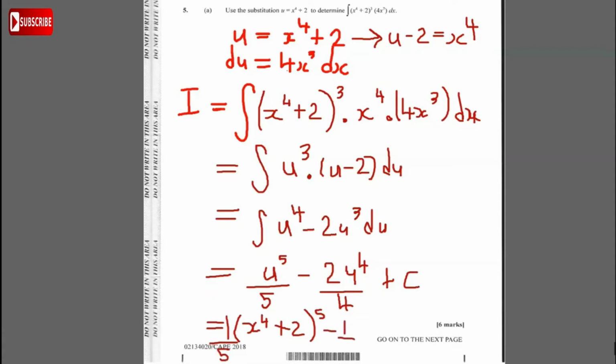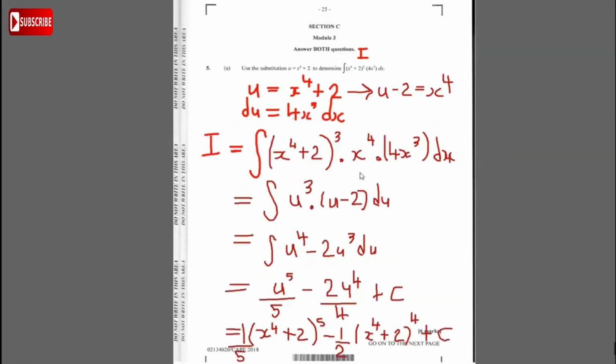So it's minus a half times u to the 4, which is x to the 4 plus 2 raised to the 4th power, plus some constant c. Nice and easy. That is this question.